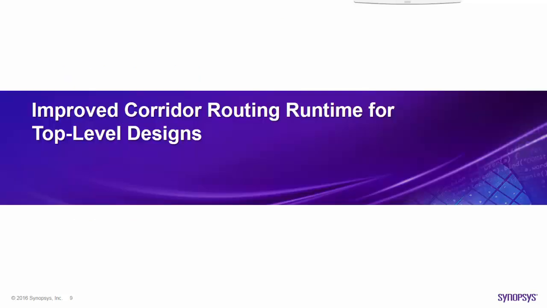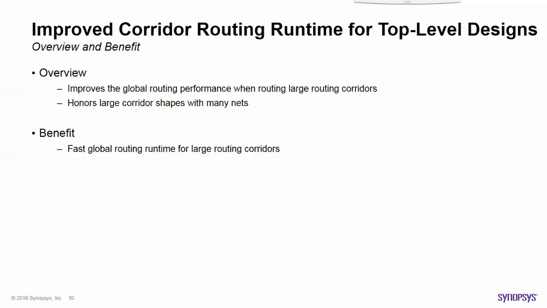Let's move on to the next feature, runtime enhancement for corridor routing. Overview and benefit. This new feature is to improve ZRoute global route runtime when routing large routing corridors and also honor large corridor shapes with lots of nets.